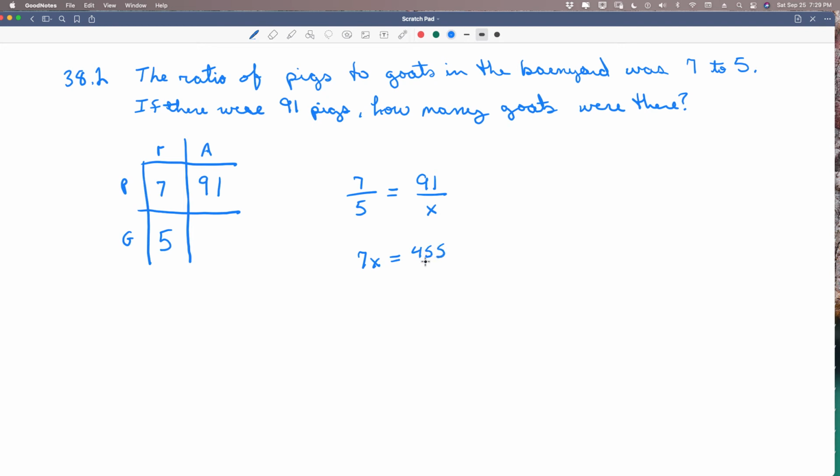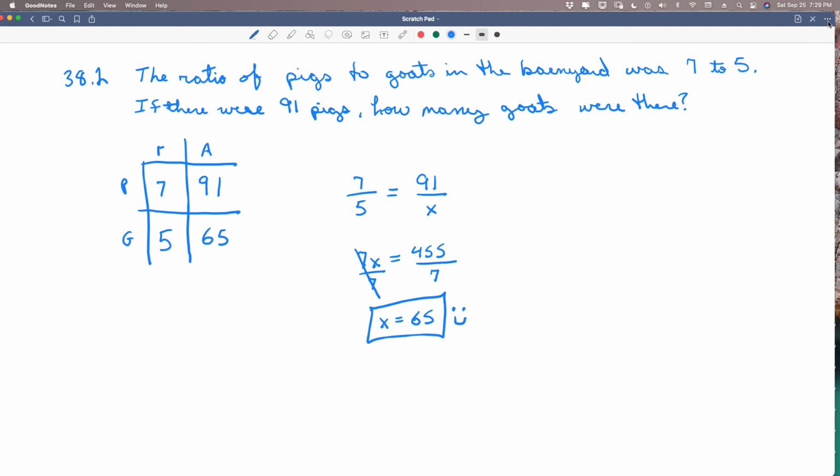Again, we divide by 7 so we can find x, and x is 65. So there were 65 goats, the number we found for the unknown x. All right, and that is correct.